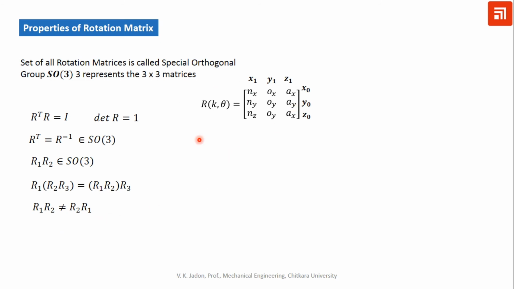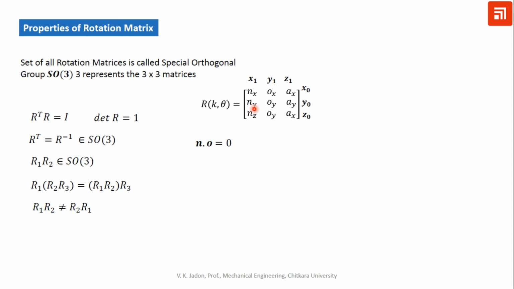If we represent these components of the rotation matrix by the NOA representation, then nx, ny, nz are basically the components of x1 along x naught, y naught and z naught. So these are the x component, y component, z component of x1.